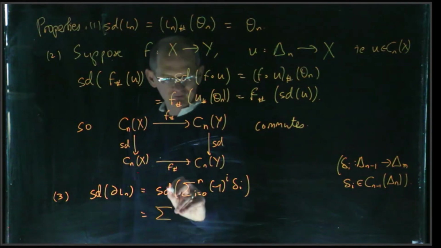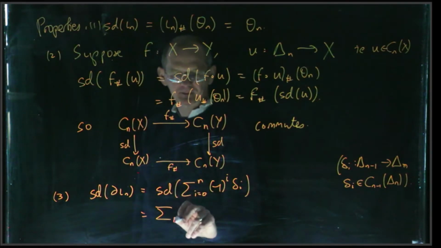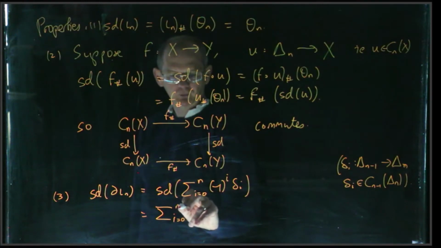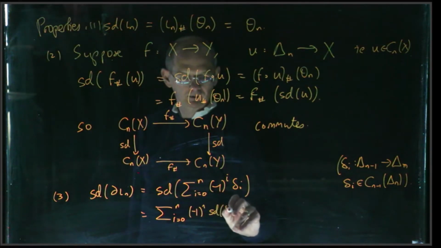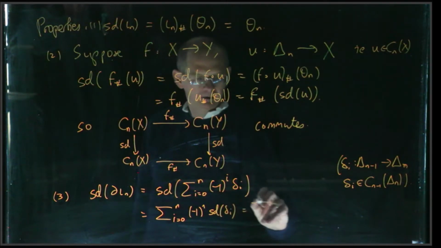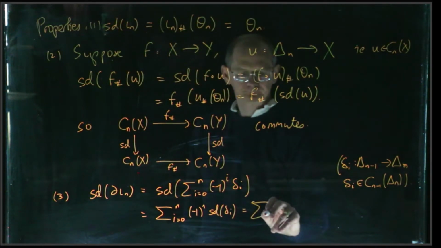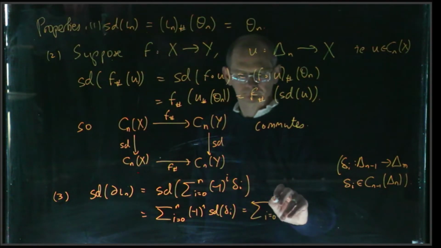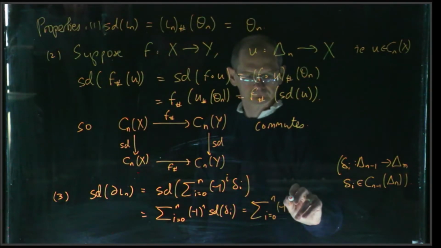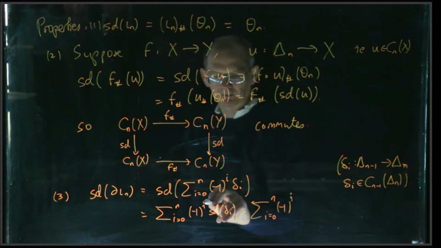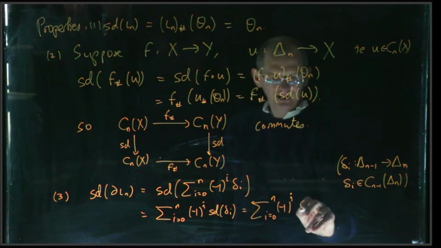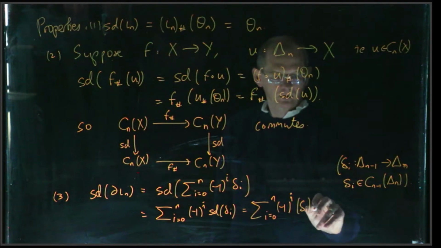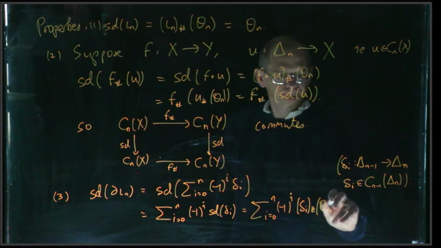And then the subdivision is, by definition, a homomorphism. So we get the alternating sum of the subdivision of delta I, but that's delta I hash of theta n minus 1.